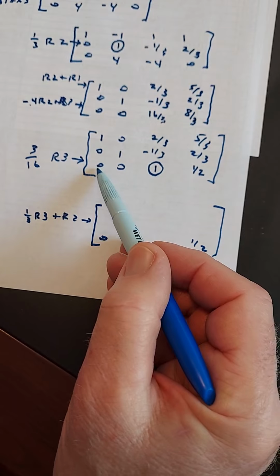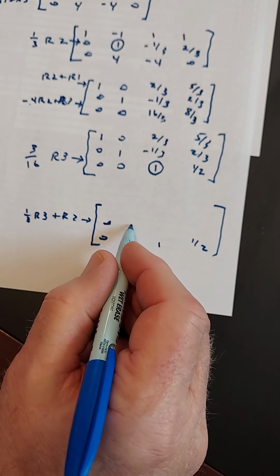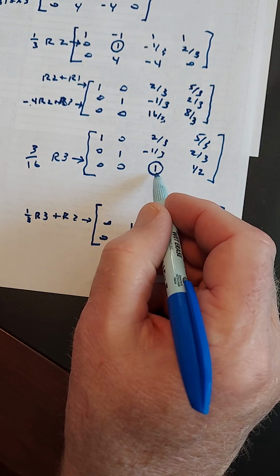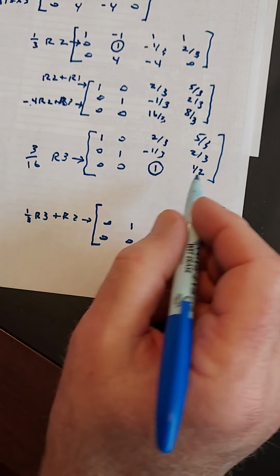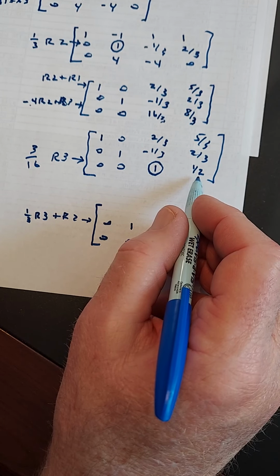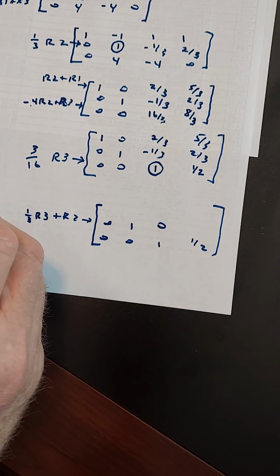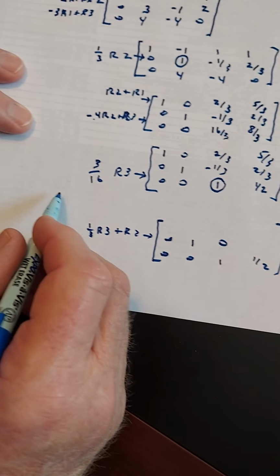So 1/3 times 0, 0, plus 0 is 0. 1/3 times 0 is 0, plus 1 is 1. 1/3 times 1 is 1/3, plus negative 1/3 is 0. And 1/3 times 1/2. I'm going to come over your side here a little bit.